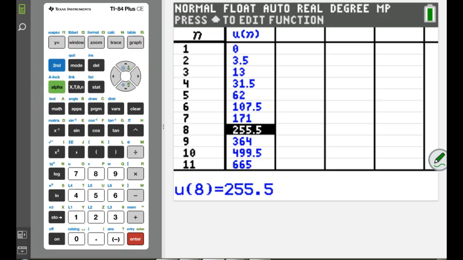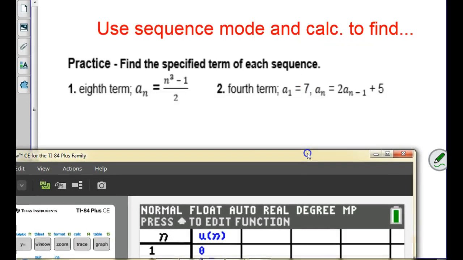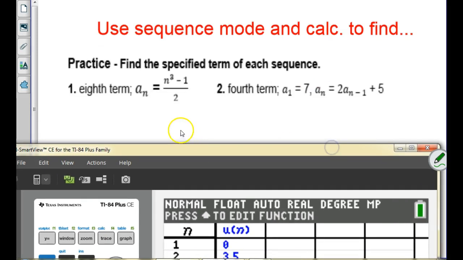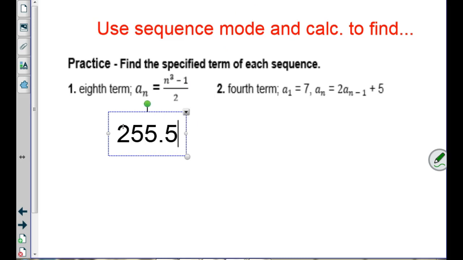Like I said, I would have just done that without sequence mode. So you can write down the answer. What was it again, guys? 255.5? Or no? Anybody awake? Was that the right answer? 255.5. Okay.